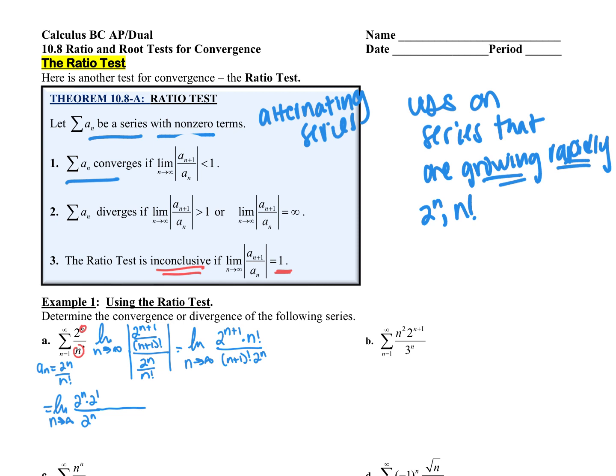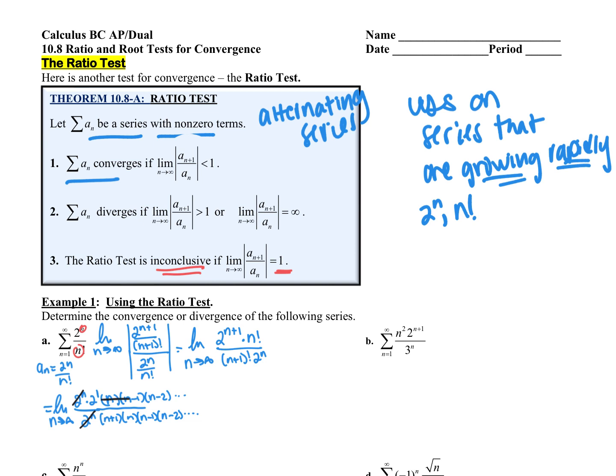So if we want to write out a few terms of n factorial, remember that would be n, and then the next one is subtract 1, and the next one is subtract another 1, dot, dot, dot. And then n plus 1 factorial, the first term will be n plus 1, and then you'll subtract 1, and you'll get n, then subtract 1, you'll get n minus 1, subtract 1, you'll get n minus 2, dot, dot, dot, and those will start being the same. So we'll have a lot of things that cancel. The 2 to the n's will cancel.